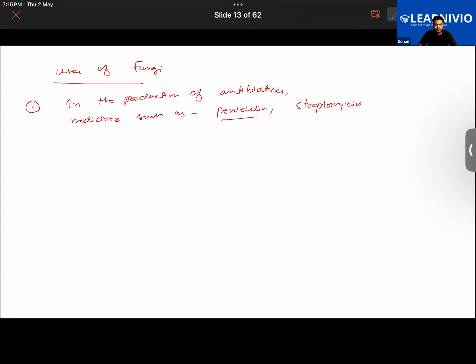Getting it? Then this question comes: who made penicillin? There was a person called Alexander Fleming. By chance, while he was working in his laboratory in the year 1928, he discovered this.